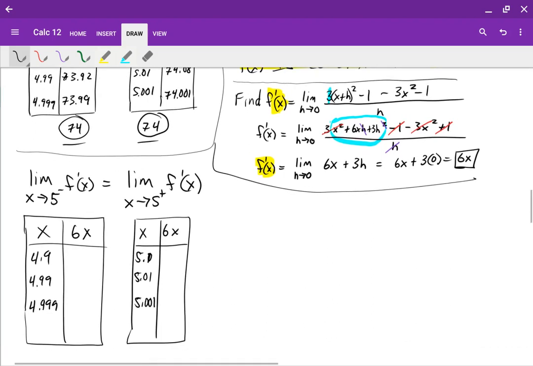And now I'm basically plugging 5 into this function here, 6x. So I'm going to get something around 30 here, as 5 times 6 is about 30. So over in this area, you plug this in your calculator, and you'll see that this is like 29.999. This is going to be like 30.001.